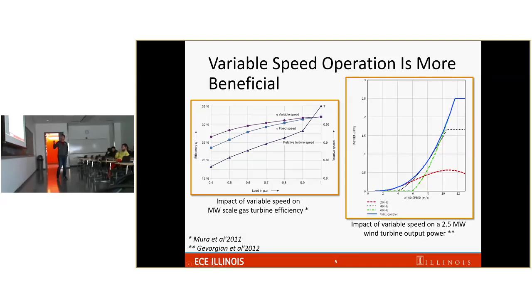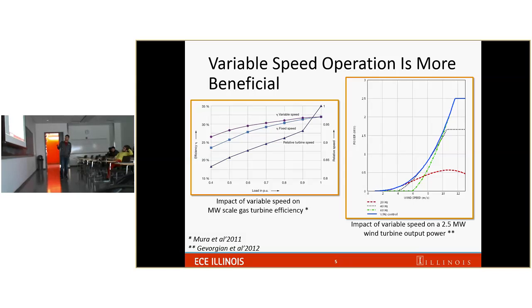And for the wind farm, people have also shown that by operating the wind turbine at variable speed, we can improve the energy yield of the wind farm. If you look here, the blue curve is the power generated by the wind farm when you allow it to operate at variable speed.